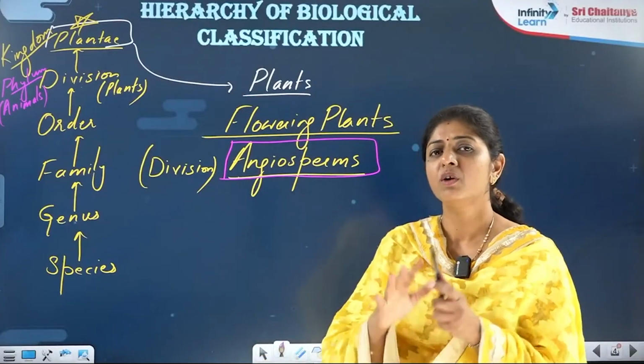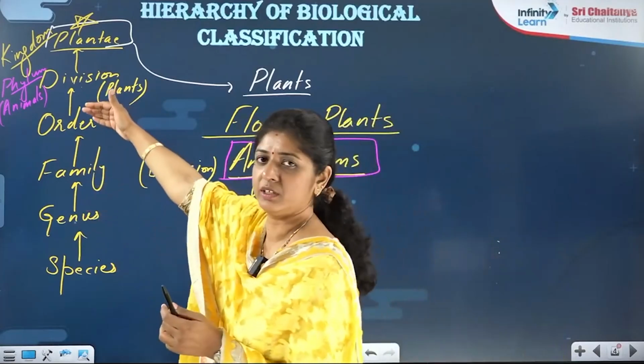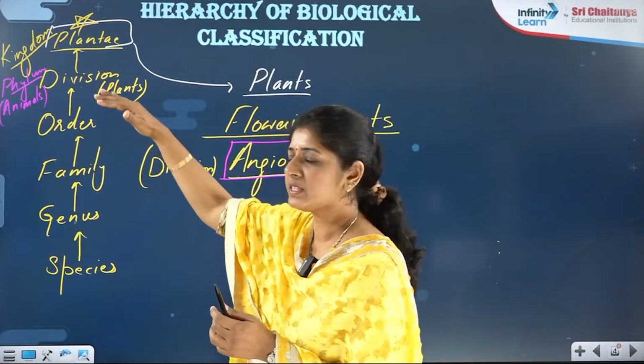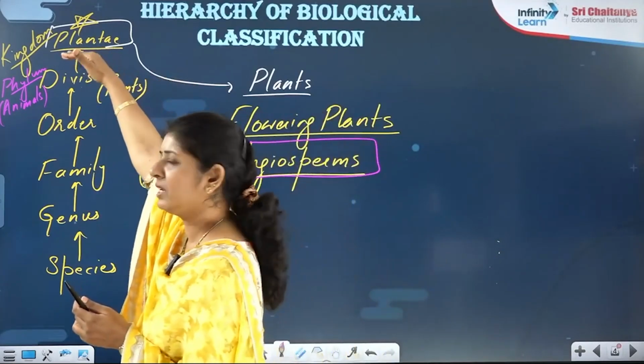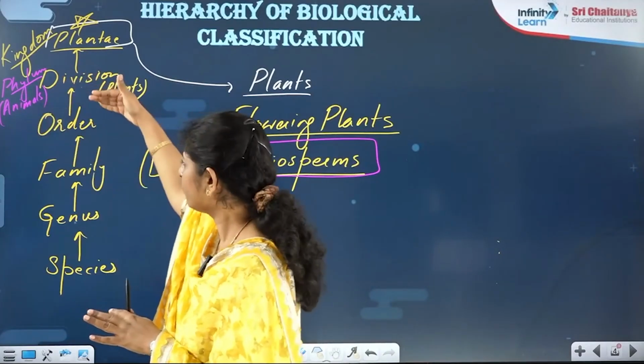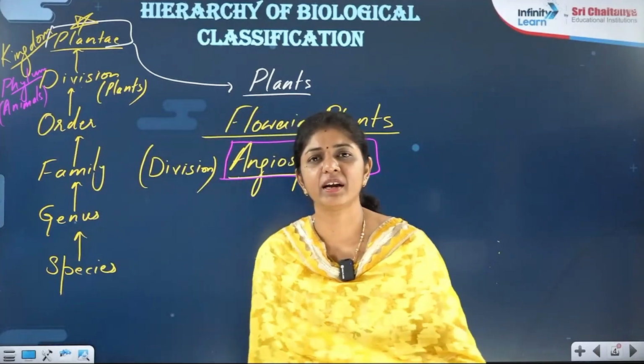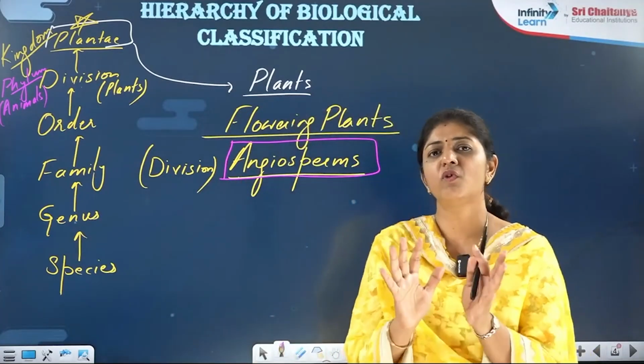Classification tells you which category of organism you are discussing. You are classifying all organisms at the highest level as kingdom, then plants into divisions, animals into phyla, then order, then family, then genus and species. Are you getting that? So this is just for reference.